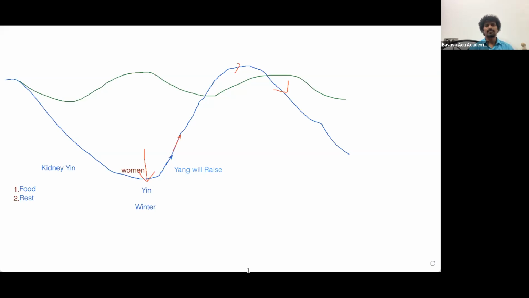So compared to gents, how is the lady's skin soft? Why? Because of the yin. The voice is also soft. It's yin. And even characteristics also.